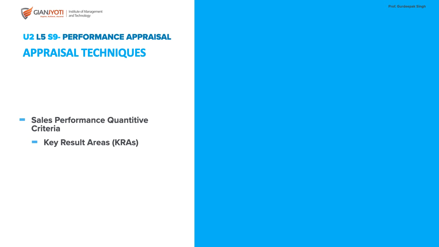The quantitative criteria for sales performance, we call them key result areas or key performance indicators.